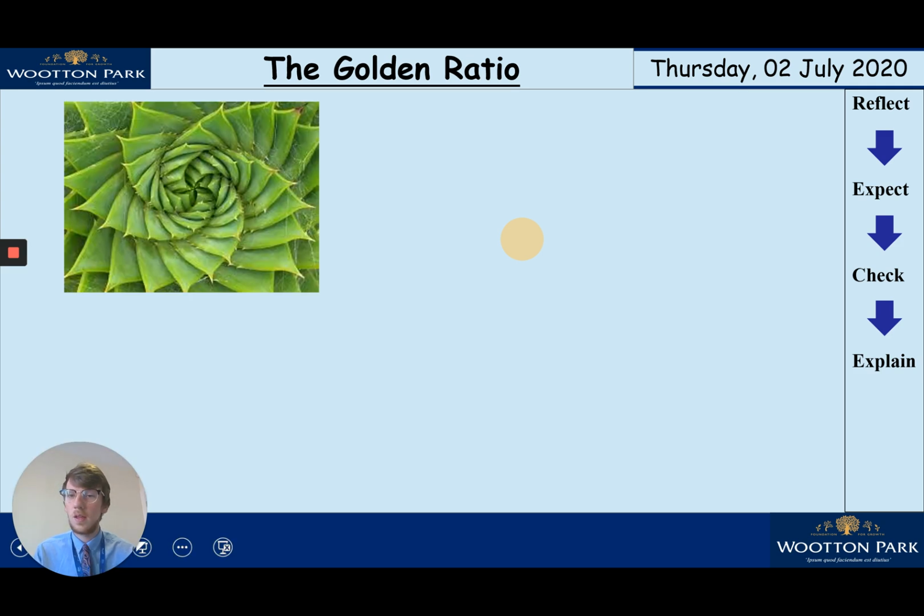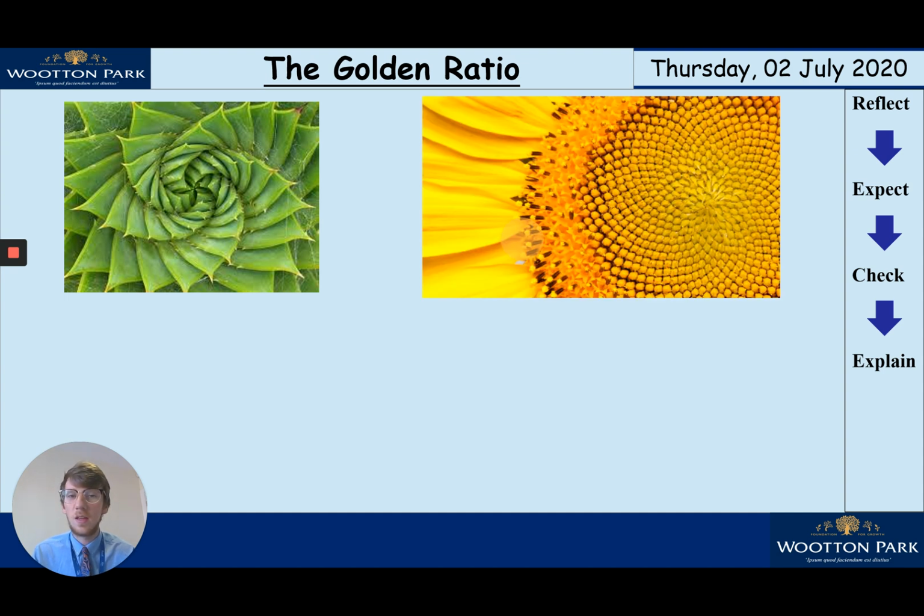So here's this spiral again. We can see that the petals or the leaves on this plant, the way they go around, the number of petals in each row of the sequence is the sum of the rows before. So that's the Fibonacci sequence. As well, the petals or seeds on a sunflower have this golden spiral in there.